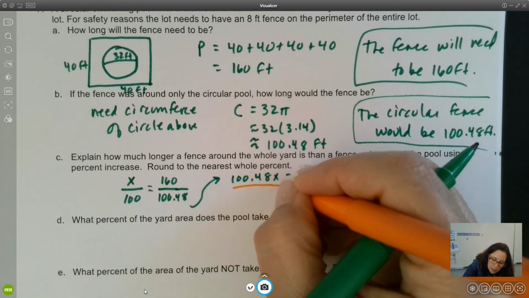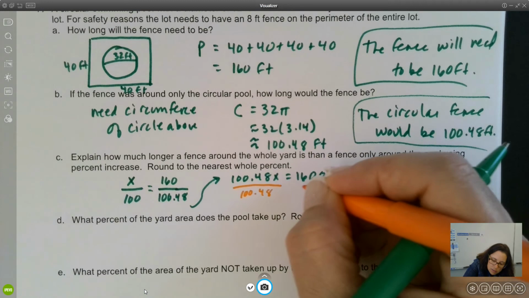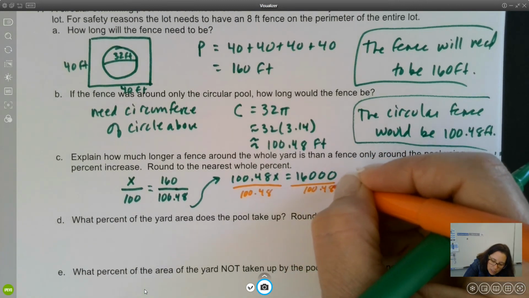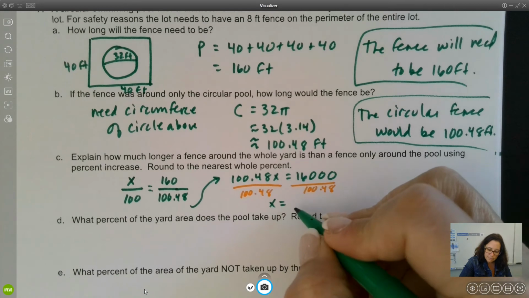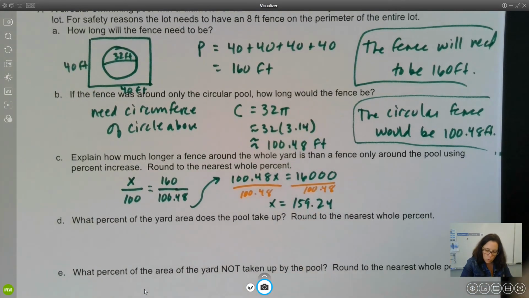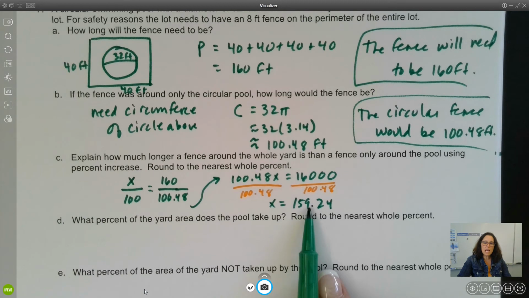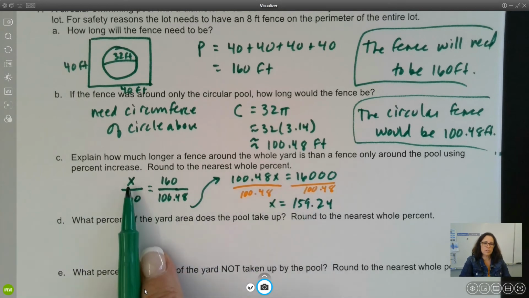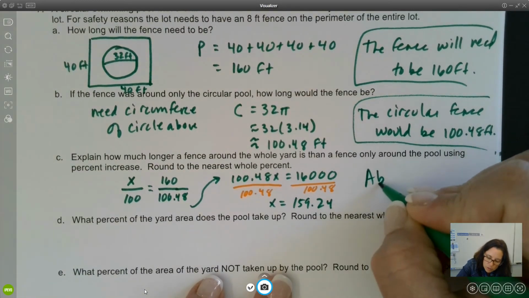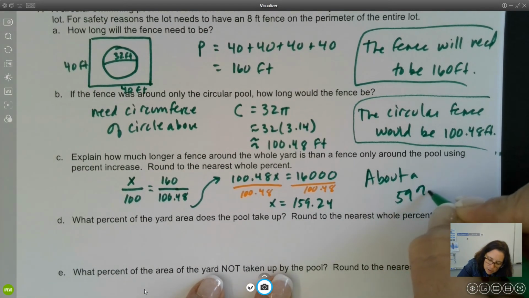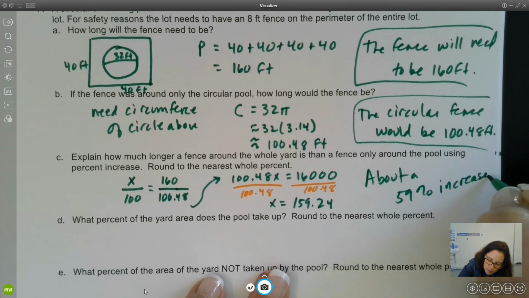Then I would divide by 100.48, and I would have an answer of 159.24. Now remember that 100% is already in there. So if this comes out to be 159, there's a 59.24% increase. So about a 59% increase.